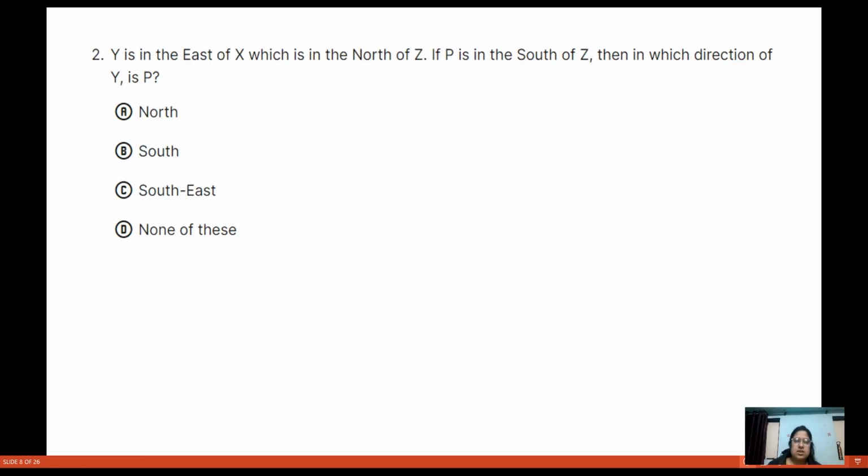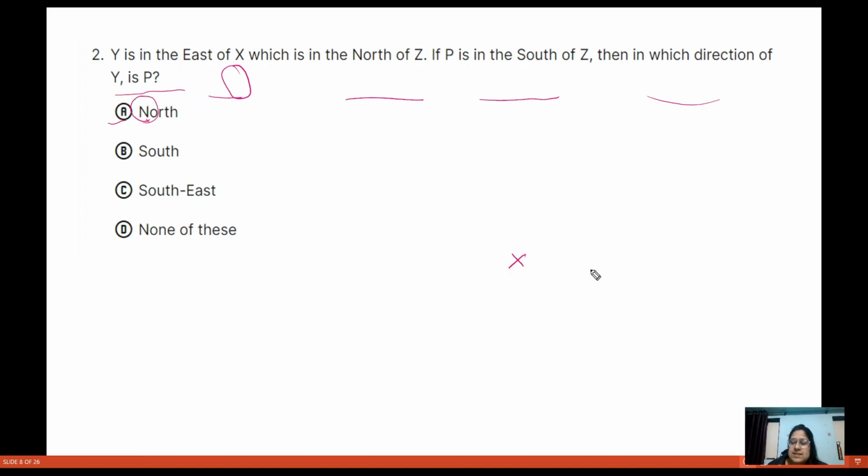Now let's look at the next question. Y is in the east of x, which is in the north of z. If p is in the south of z, then in which direction of y is p? So it is saying y is in the east of x.